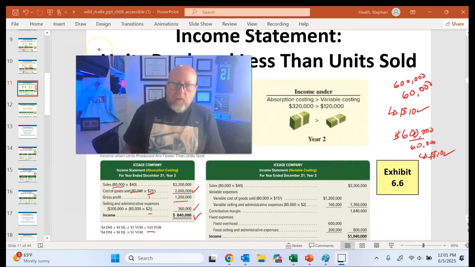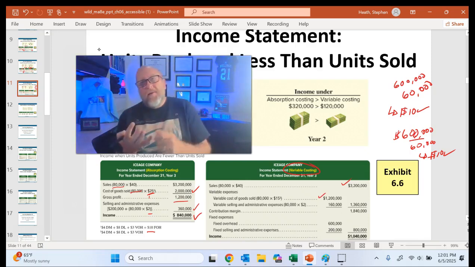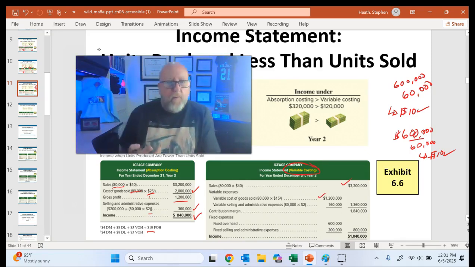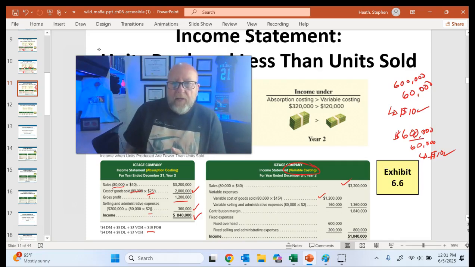Then we can just as easily go over to variable costing. And again, our revenue is going to be the same. It's the 80,000 units times the $40 per unit. The variable cost of goods sold, that's just going to be the direct labor, the direct material, and the variable overhead. We're not including the fixed overhead. So it's only going to be $15 per unit times the 80,000 that we sold. And then we're going to include the variable SG&A.